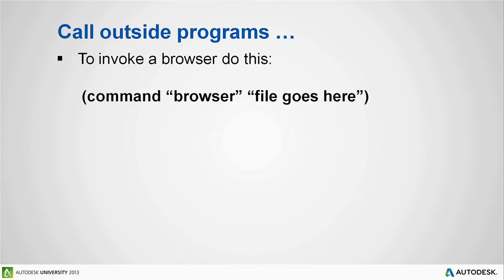Here's a simple example. AutoCAD has already reserved a function that calls your currently registered internet browser. They've done the shortcut for you, so you can simply call it from the command line, right? Browser, and then whatever HTML file or any file that the browser can open and display.